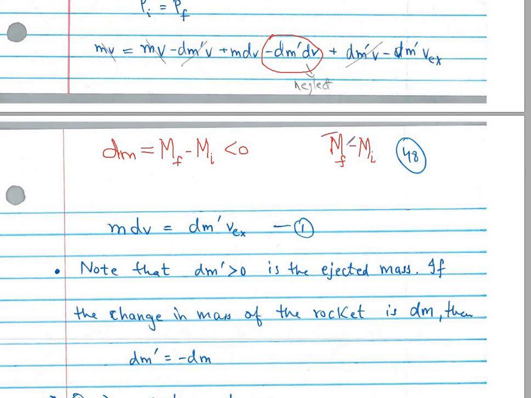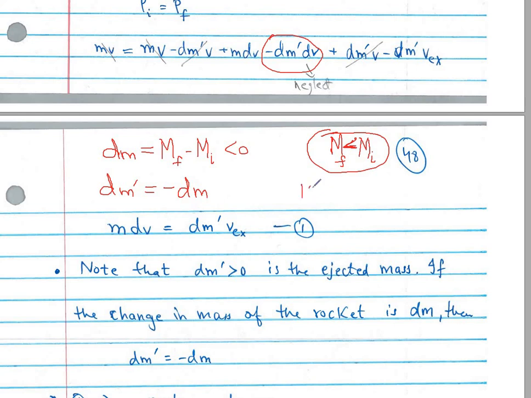So m final is less than m initial, and dm is a negative quantity. dm prime is a positive quantity, so it is related to dm by this equation: dm prime equals negative dm.